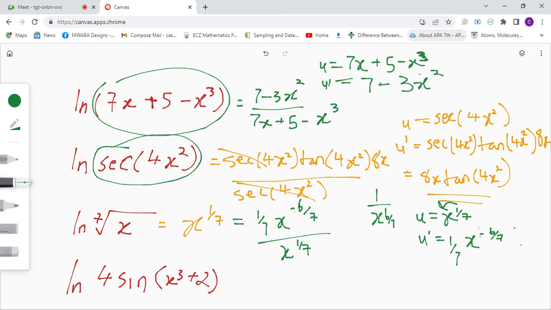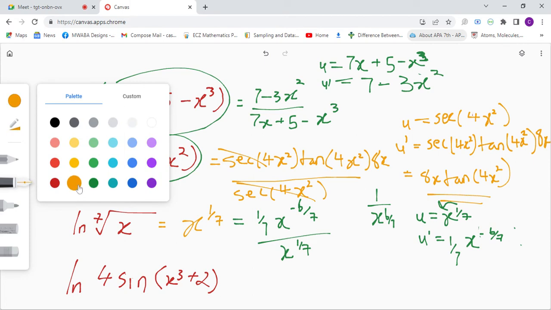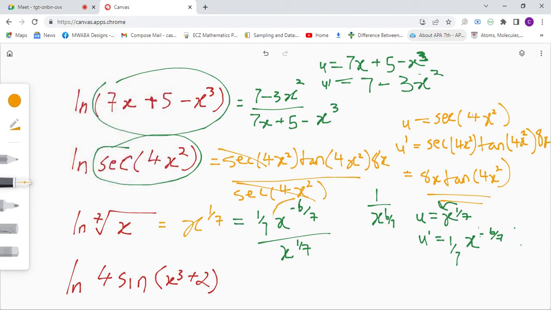Yes, so this x to the power negative 6 over 7 is the same as 1 over x to the power 6 over 7. All right. So we'll take it to the denominator. So we'll have 1 over 7.